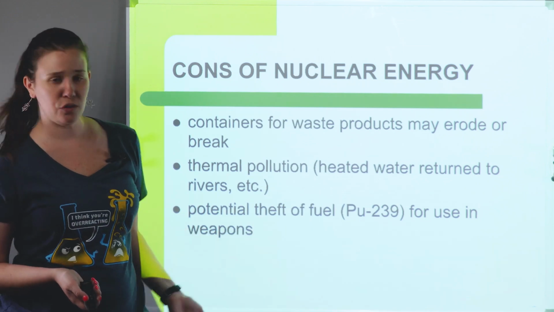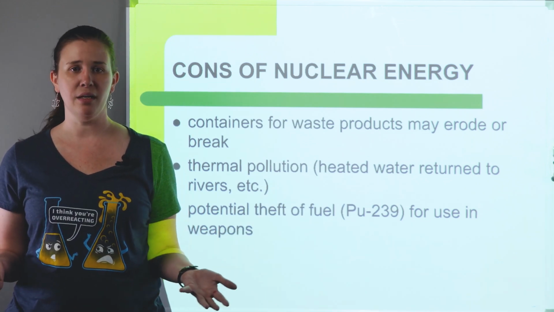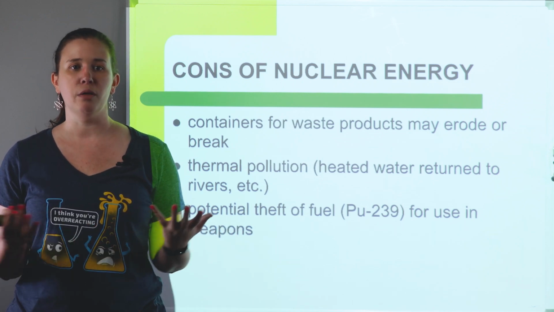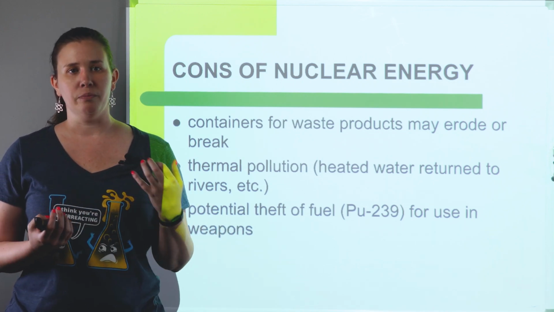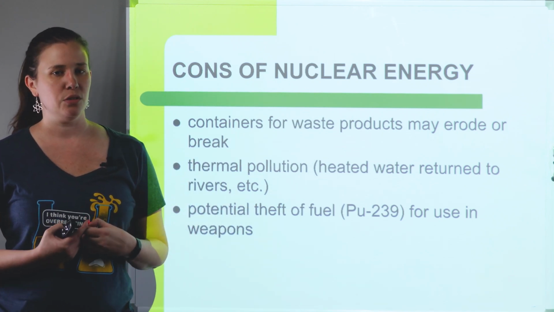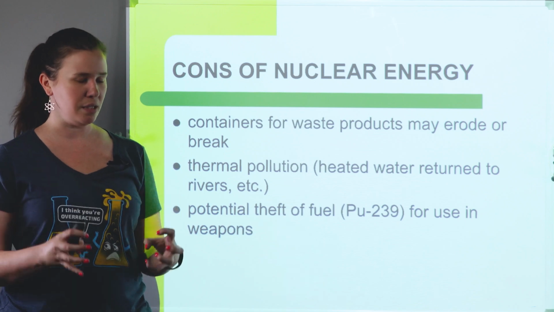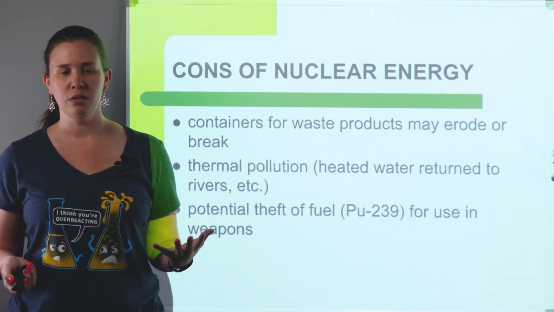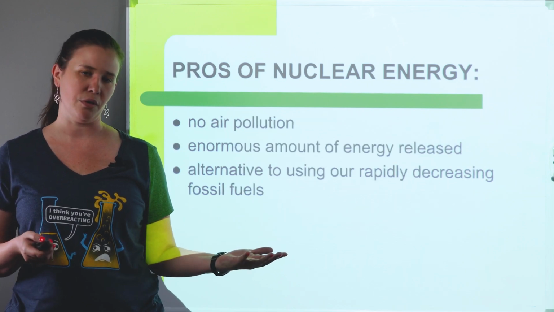Something else that's not on here actually is that they do, by mistake, happen to melt down, not only due to human error, but also due to environmental conditions. Like Fukushima was due to a natural event. So we want to make sure that no matter how much we think we have control, we are taking precautions, because there are some cons to nuclear energies. Of course, also some pros.